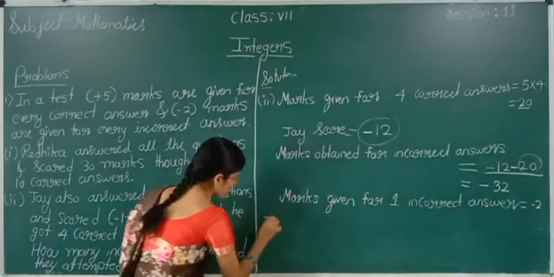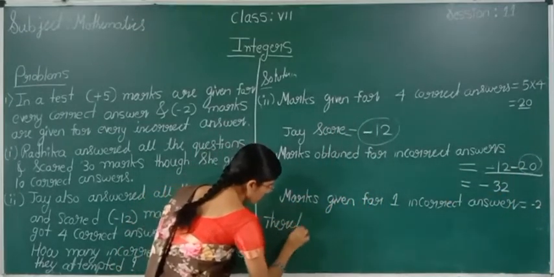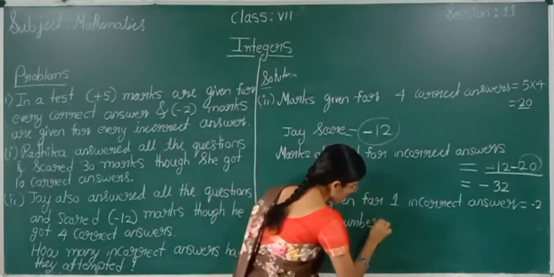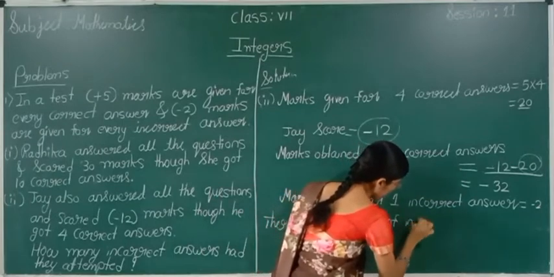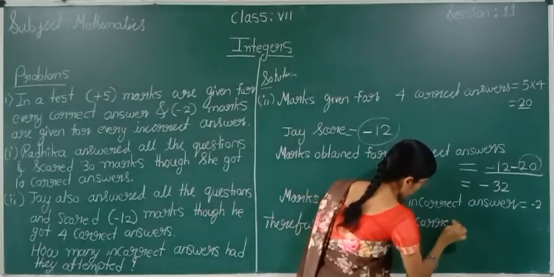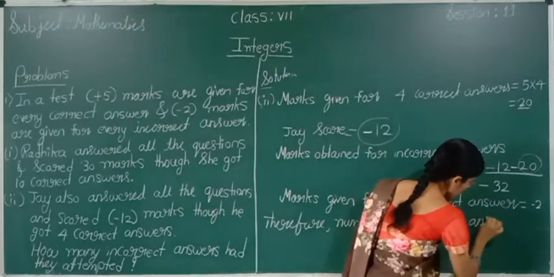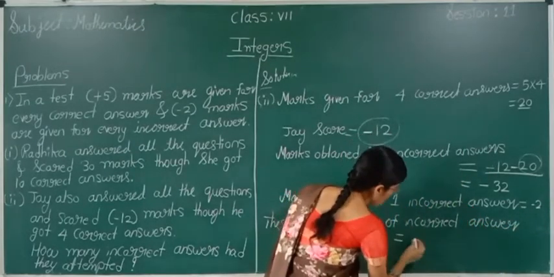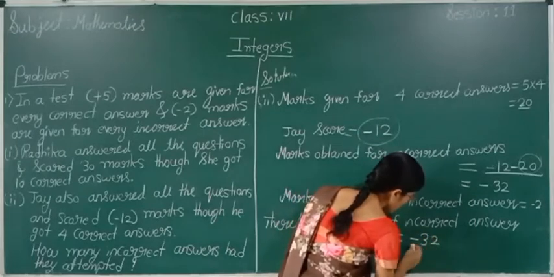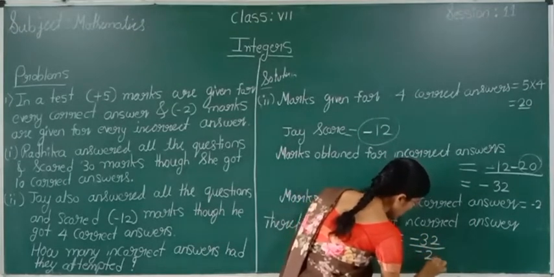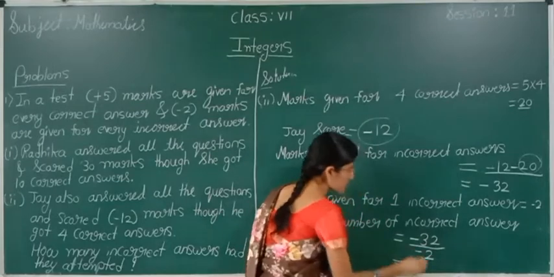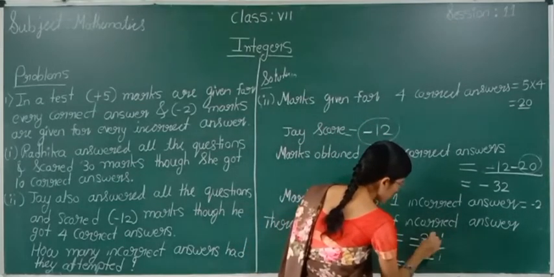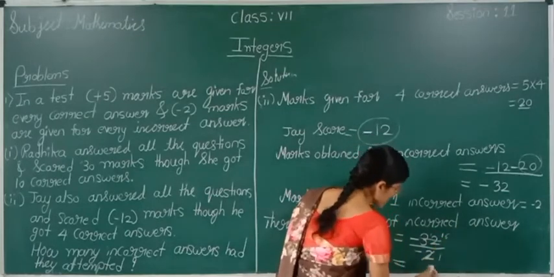Therefore the number of incorrect answers is equal to -32 divided by -2. If you do the division, what will we get as the answer? 2 ones are 2, 2 sixes are 12, it is 16.